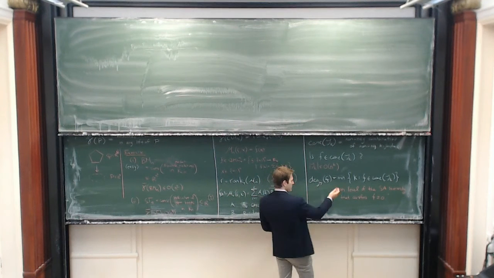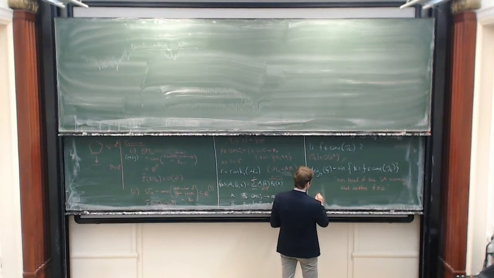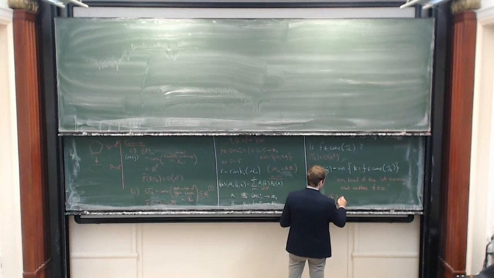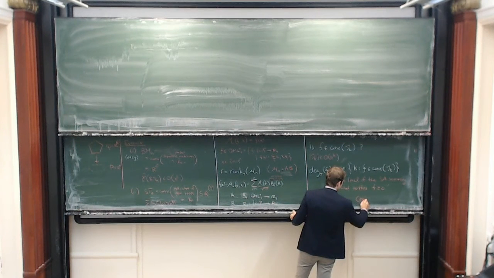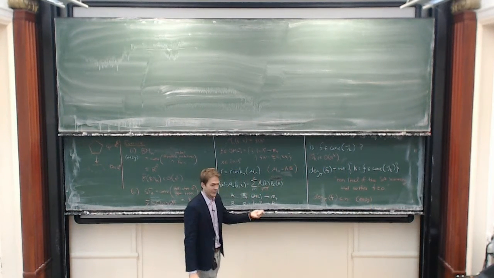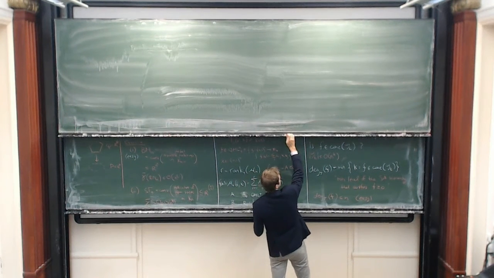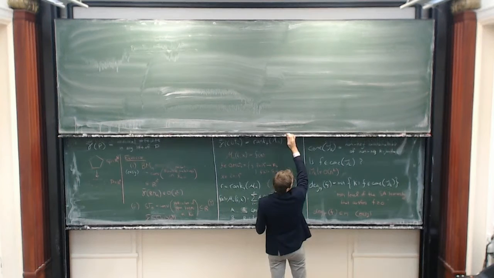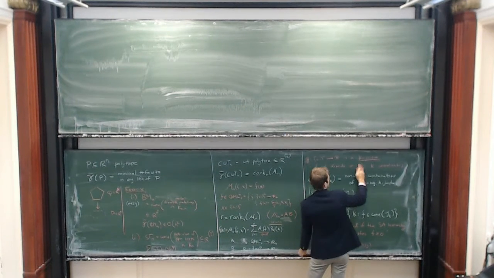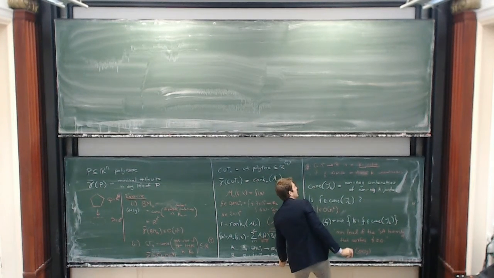I hope the definition is clear, and maybe we can get some easy bound that the junta degree of f is at most n. That's easy because, of course, f itself is a representation as an n-junta. Every function is an n-junta, and I should say here, at most k coordinates.